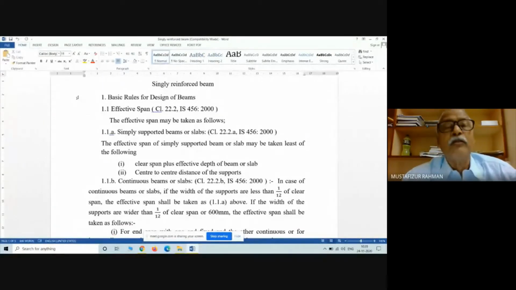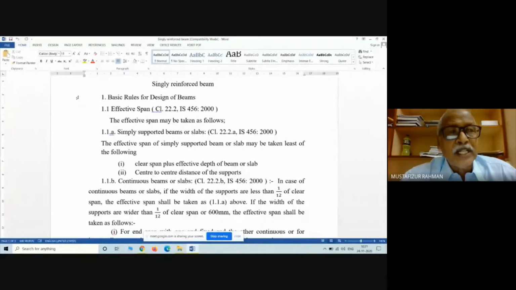Now, the beam will rest on a support. That support may be a column. That support may be a wall.